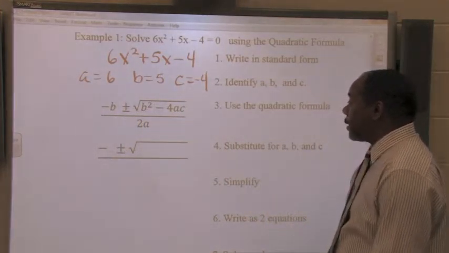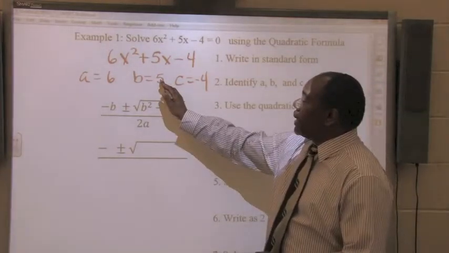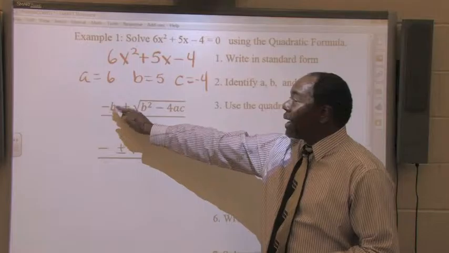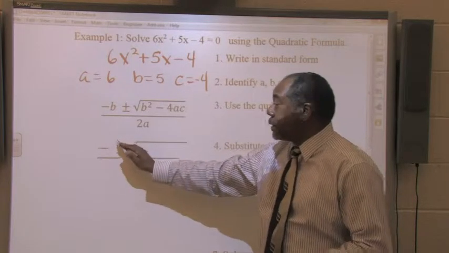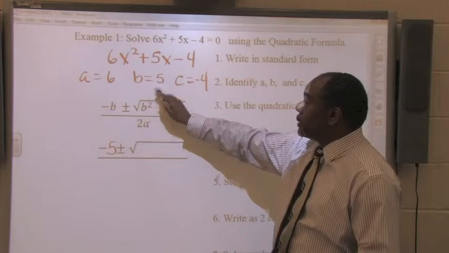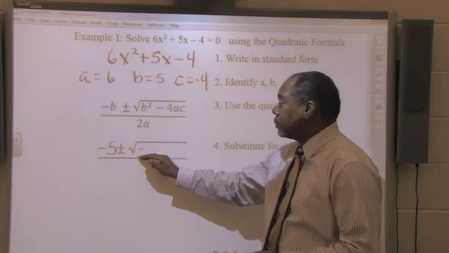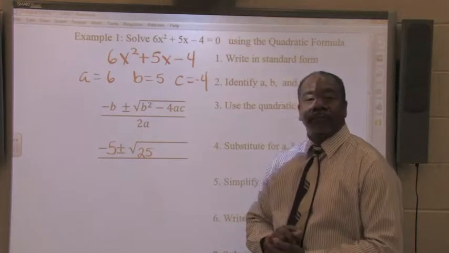Step 4 says, okay, I want to substitute values. B is 5, so I need to put the opposite of 5, which is negative 5. Now, I need to take my b value and square it. 5 times 5 is 25.